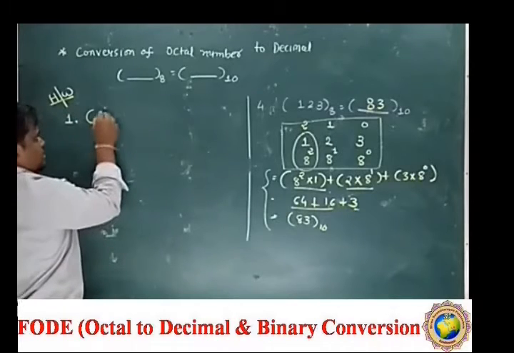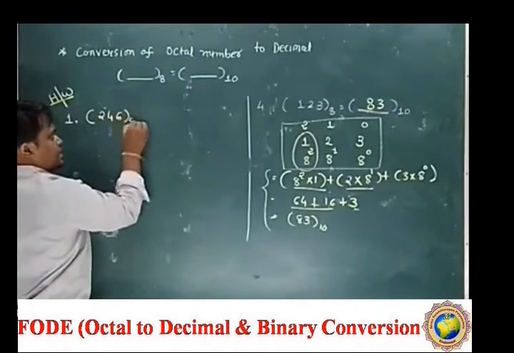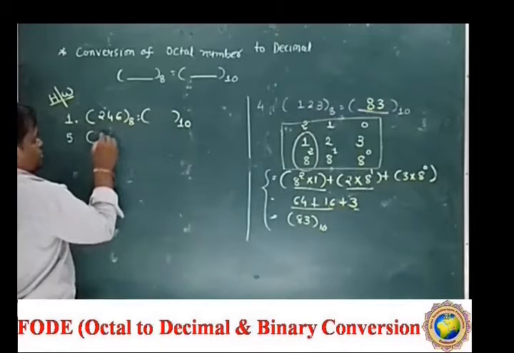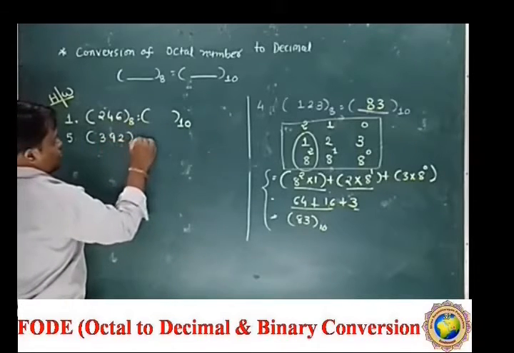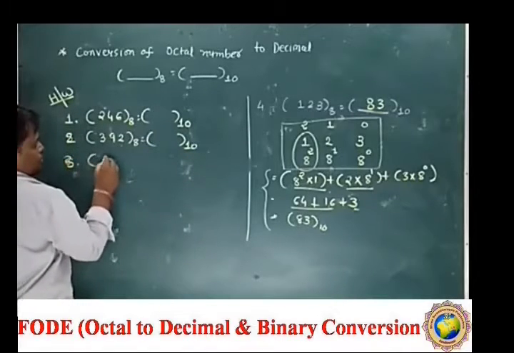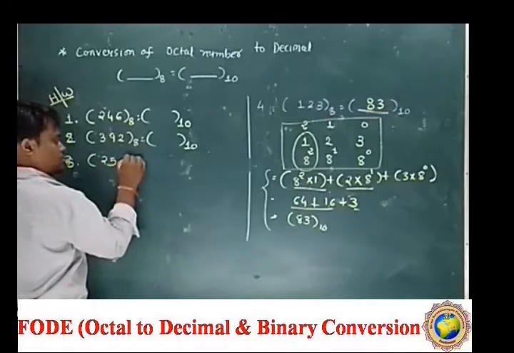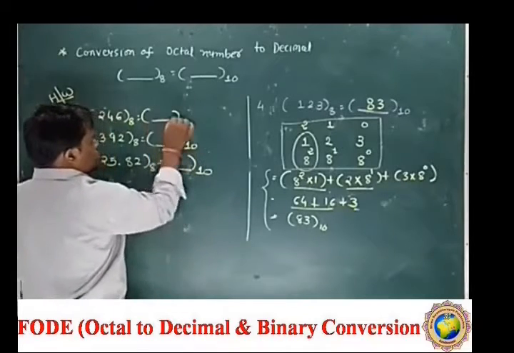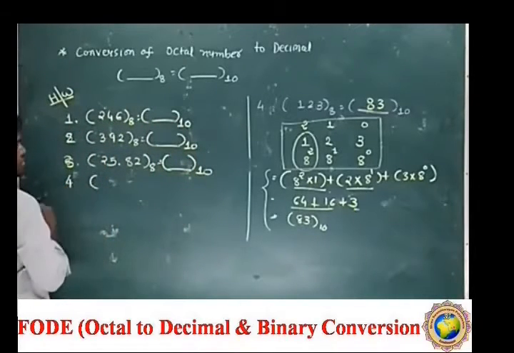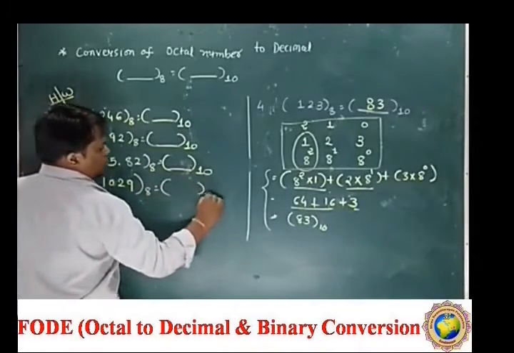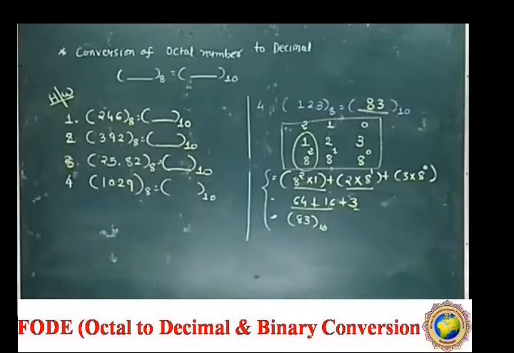The example is 246.5392, and it is to be converted into decimal. Just note down this example.